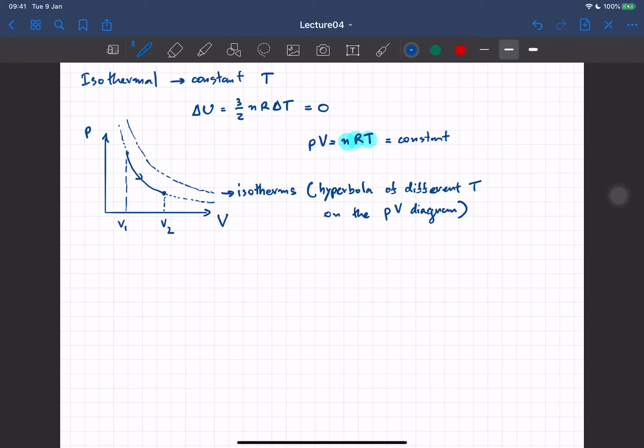Okay, so every isotherm is a hyperbola, but depending on the temperature, it's gonna be different isotherms. Okay, so if you move along isotherms, your temperature does not change.